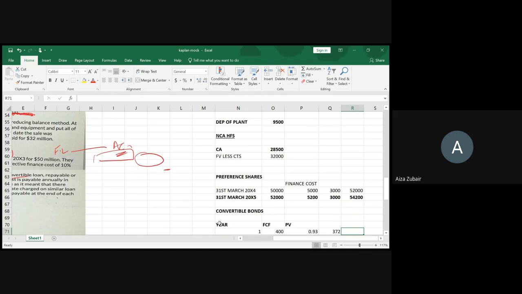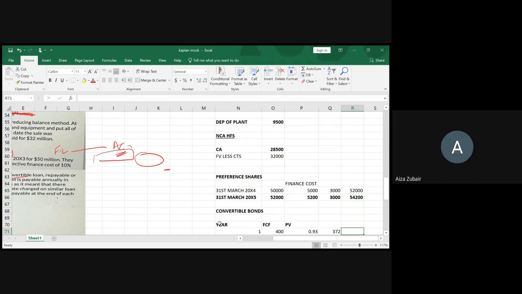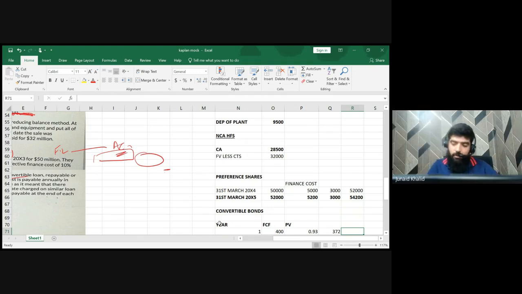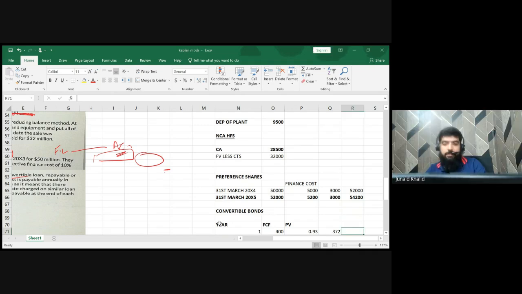The preference shares. Okay. And what will be recorded related to preference shares? The finance cost. And what amount of finance cost will be recorded? 5,200. Very good, excellent. So 5,200 will be recorded. So let me identify the cell number.